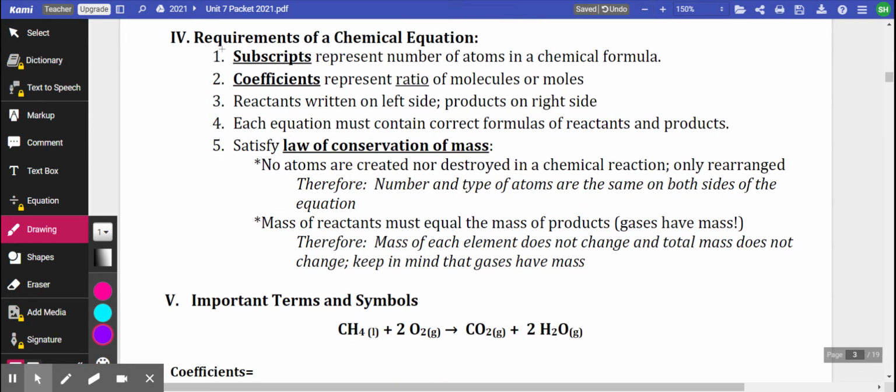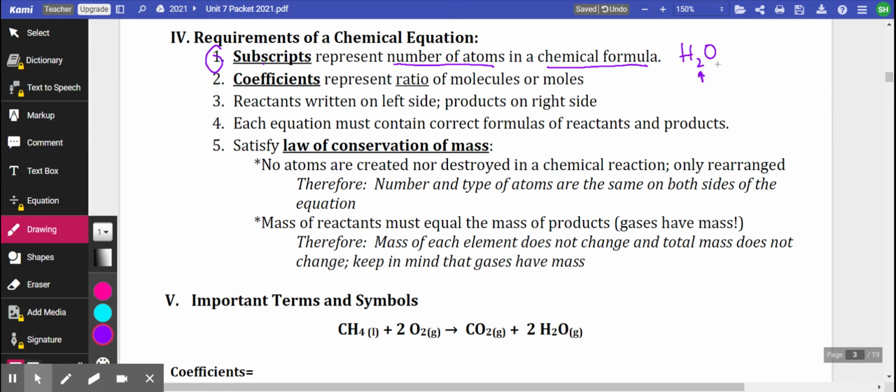Number one, when you write your formulas for your chemical reactions, the subscripts represent the number of atoms in the chemical formula. For example, when you write H2O, water always has 2 hydrogen atoms and 1 oxygen atom. You cannot change the subscript.